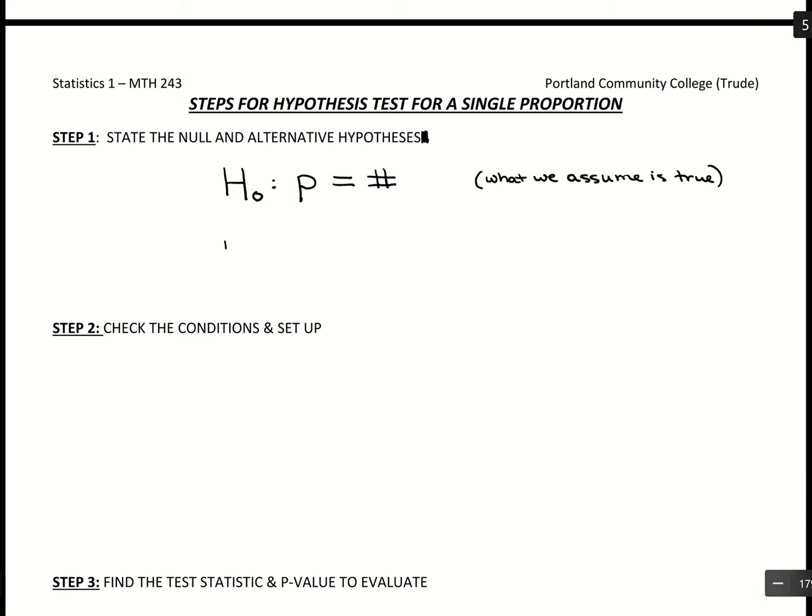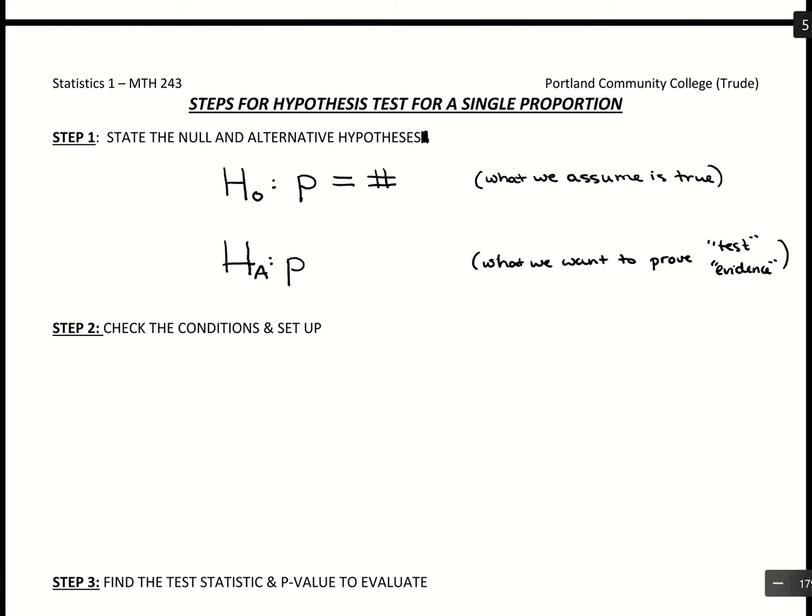Then for the alternative hypothesis, this is where in the wording of the problem you want to look for keywords like test or evidence, because this is what we want to prove. So look for wording of test or evidence in the problem, and those will typically give you an idea of what we're trying to test or find evidence for.